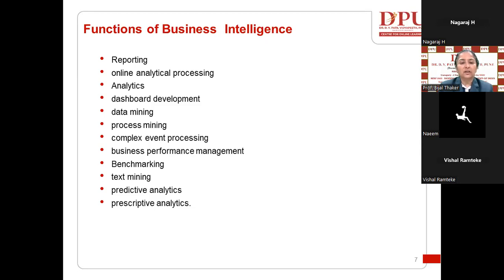Text mining, predictive analysis, all these things are now not a buzzword, right? At various stages, at various phases, over various platforms, these things are used in one way or another. You can remember all these functions. It could be asked in an exam which are the functions carried out by business intelligence tools.